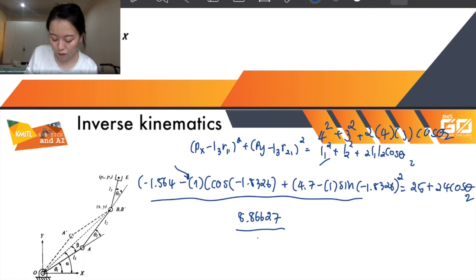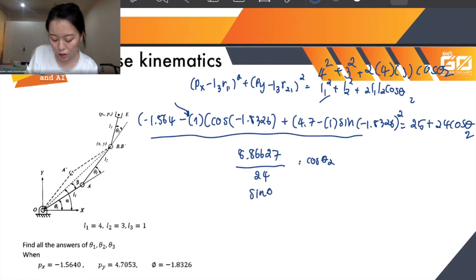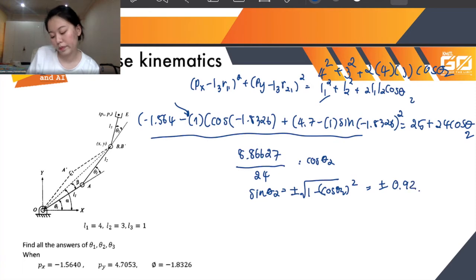Over the 24 equal to cos theta 2. And we will find sin theta 2 equal to root of 1 minus cos theta 2 squared. So it will be equal to plus minus 0.92.